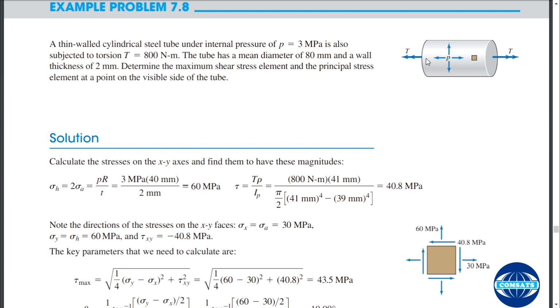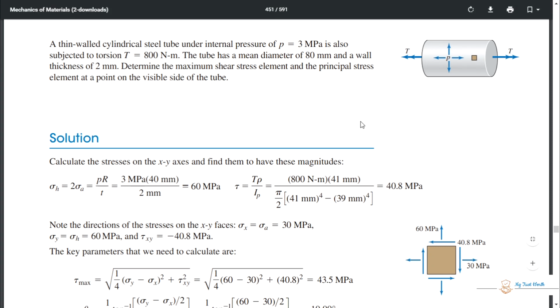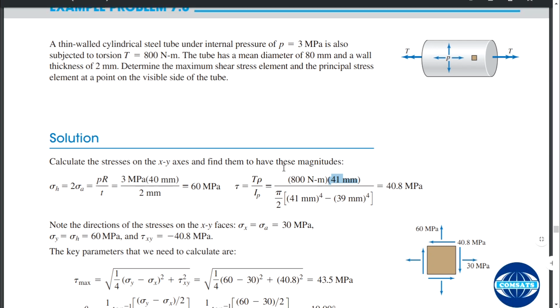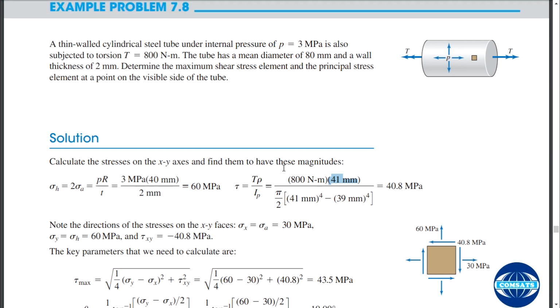Remember it, visible. You will use 41 millimeter here, big Y. Think about it. This is the polar moment of inertia and torsion. You have studied that you will use polar moment of inertia, sometimes represented by J, and this is 40.8 megapascal, again positive.